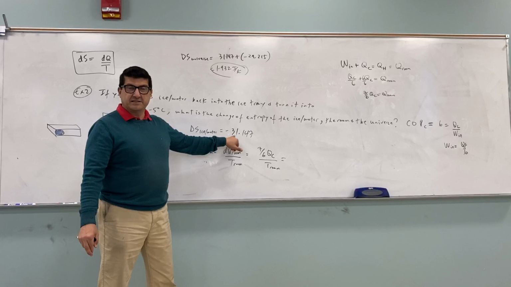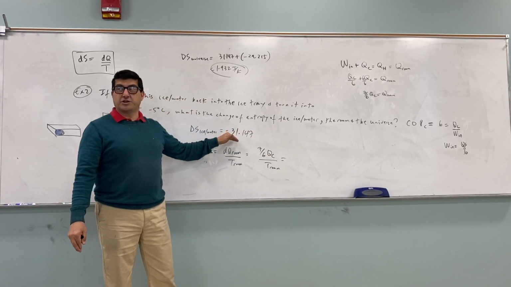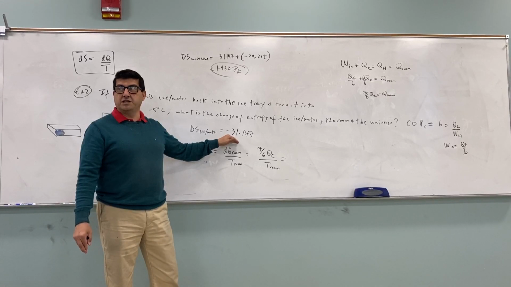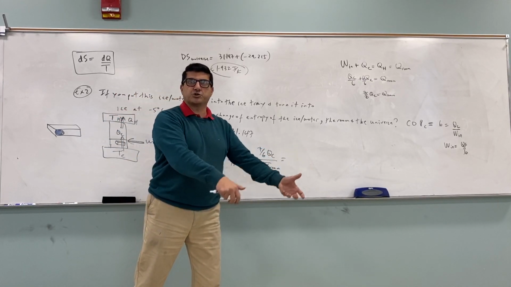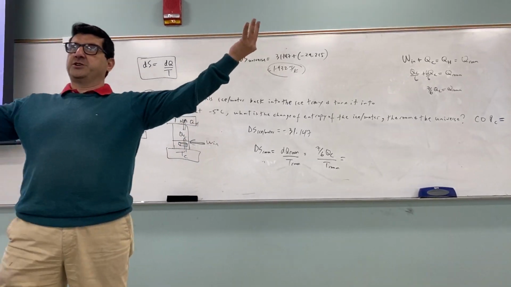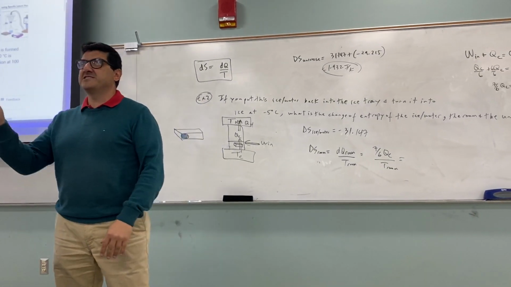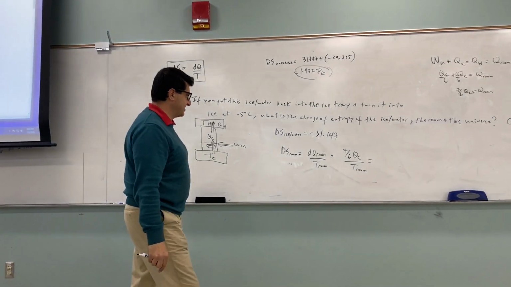If it's a positive number and less than negative 31, such as positive 30, that means putting an ice tray into the refrigerator reduces the entropy of the universe. That can't be. You have to still increase the entropy of the universe.